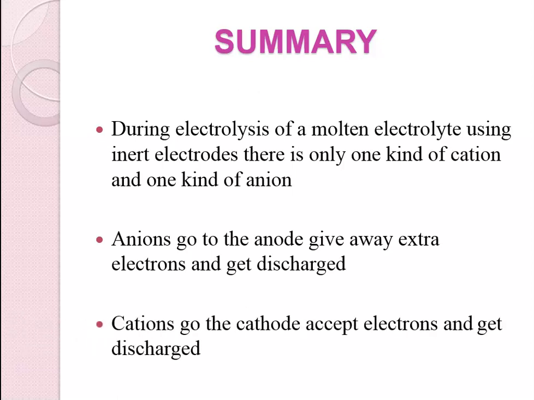The cations go to the cathode, accept electrons and get discharged. So as a result of passage of current, the products are formed at the anode and cathode. I hope you have understood the processes of electrolysis of fused copper chloride and fused sodium chloride.